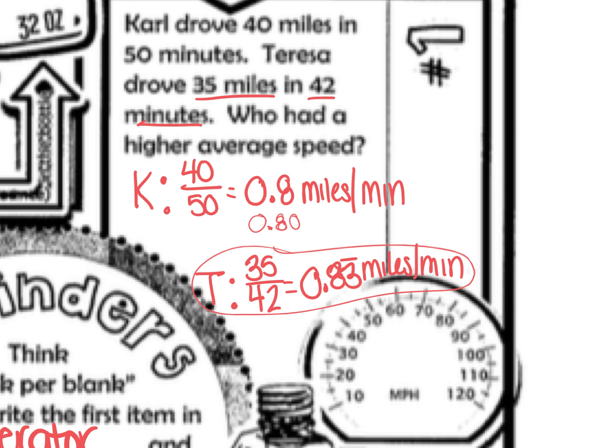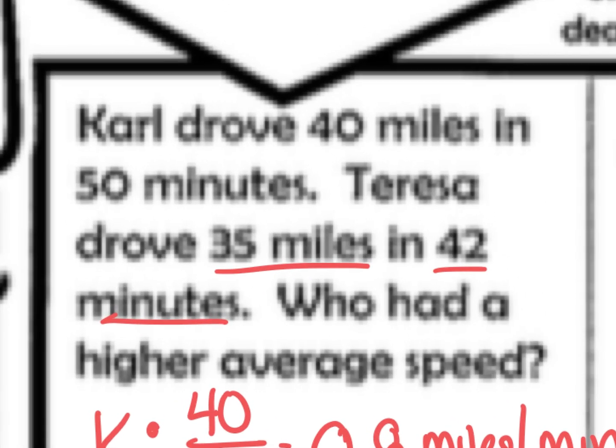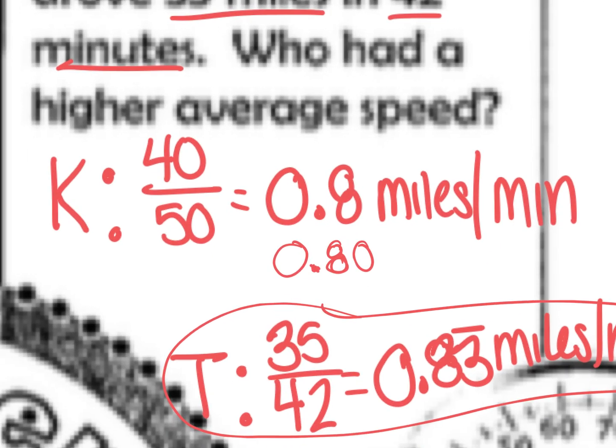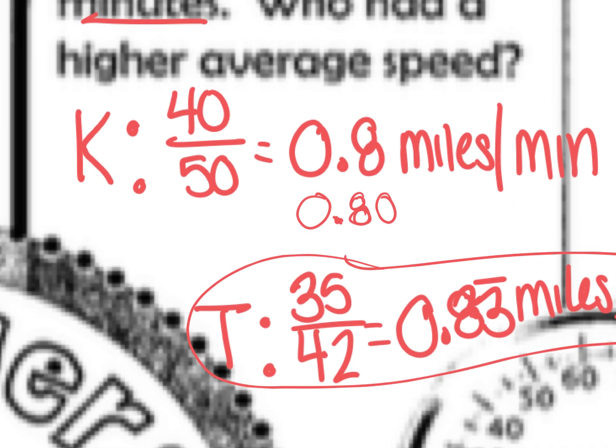If I'm looking at just this information, Carl drove 40 miles in 50 minutes, Teresa drove 35 miles in 42 minutes, can I tell from that information who went faster? Absolutely not. Their numbers are too different that I can't compare. So that's why we use unit rates. When we break it down into comparing each of them per 1 minute, then I've leveled the playing field and I can easily compare them.